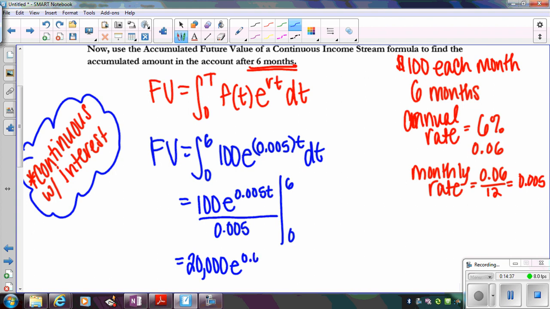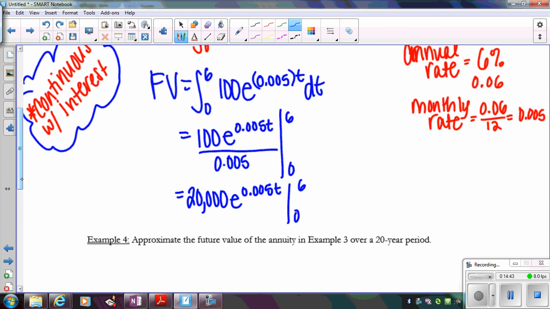E to the 0.05t. And I have my bounds. And now I'm going to go ahead and plug in. So I have 20,000 e to the 0.05 times 6 minus 20,000 times e to the 0.05 times 0.